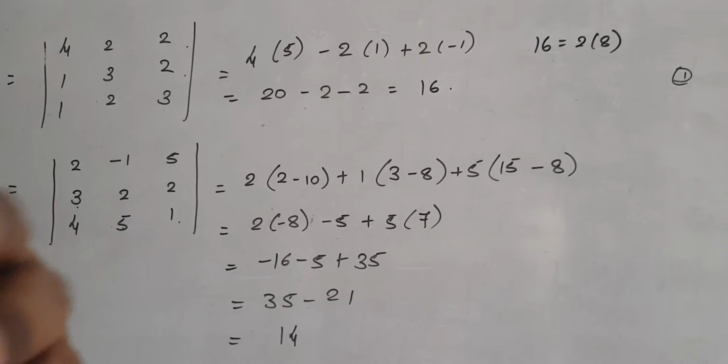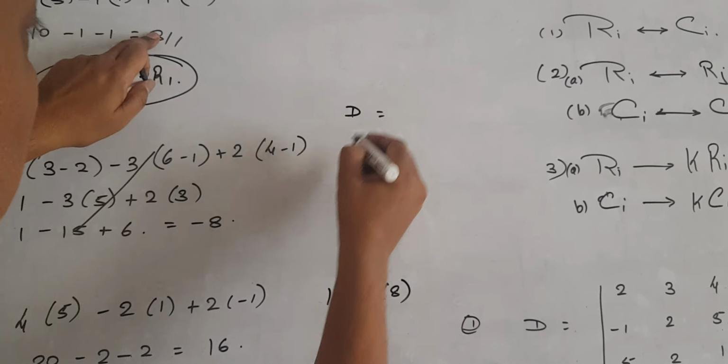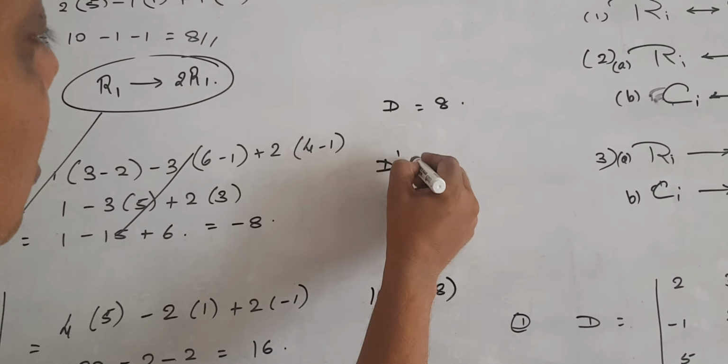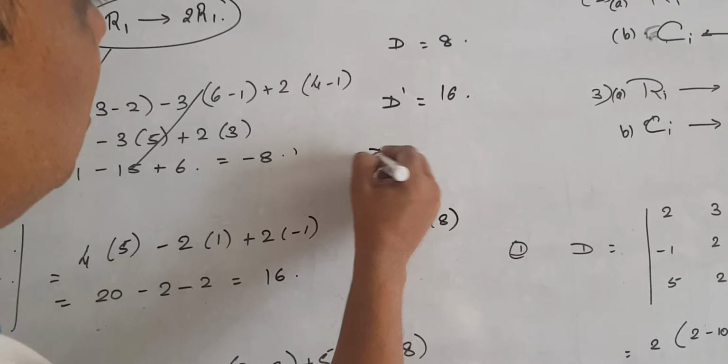Understood? मतलब समझो कि D कोई डिटर्मिनेंट है जिसका वैल्यू हमें मिला 8. D dash is another determinant जिसका वैल्यू मिला हमें 16. So D dash is what?